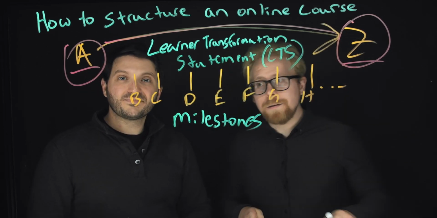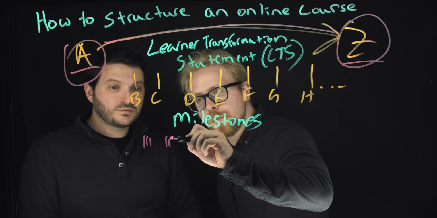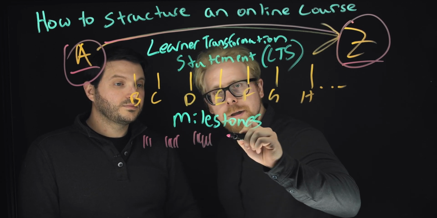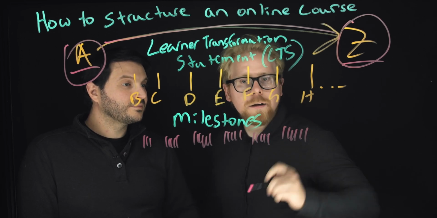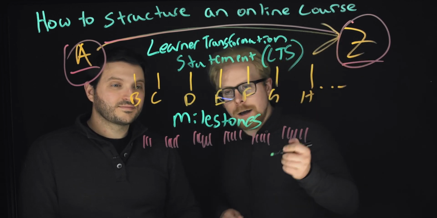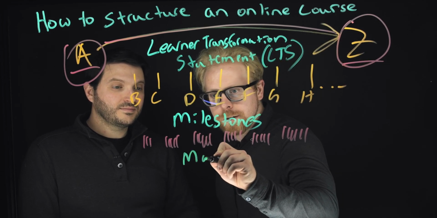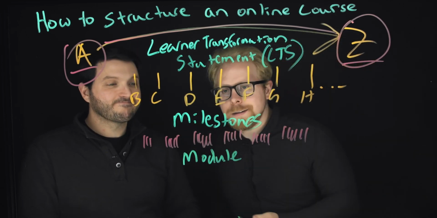And then within milestones, we're going to have a bunch of sub points, okay? So all these mini lines or sub letters, however you want to look at it, these are what we call modules. Now, this is our naming convention. Everyone else has their own. So this could be a lesson. This could be a unit.